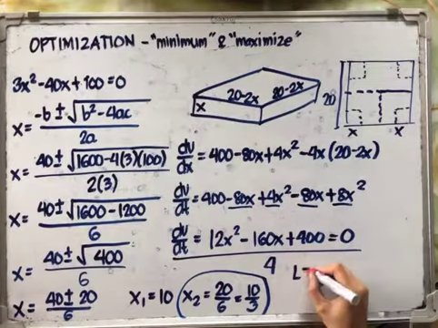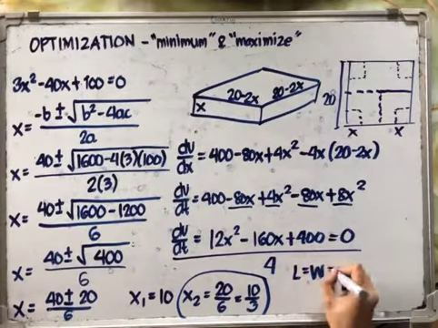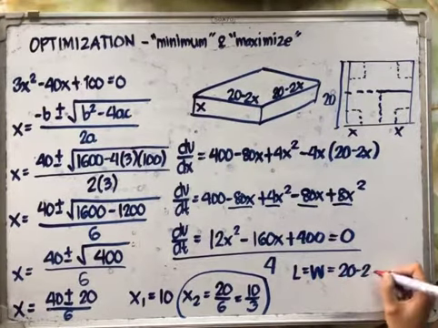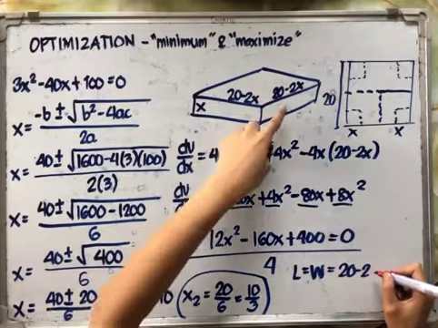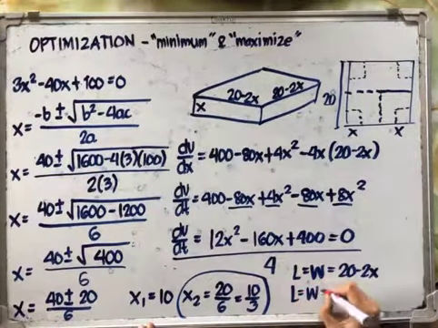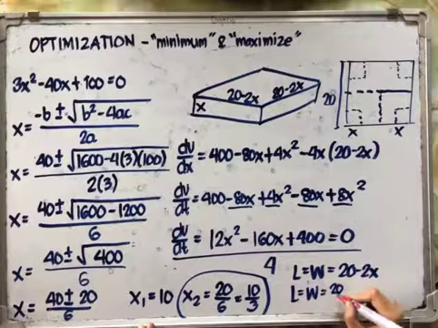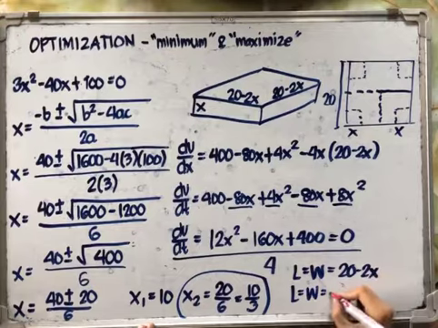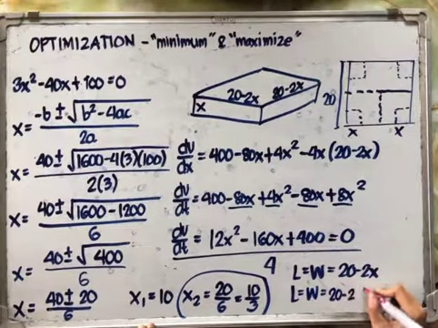Lagay ko na lang dito. Length and width natin is equal to 20 minus 2x. 20 minus 2x. Length and width is 20 minus 2 times 10/3.